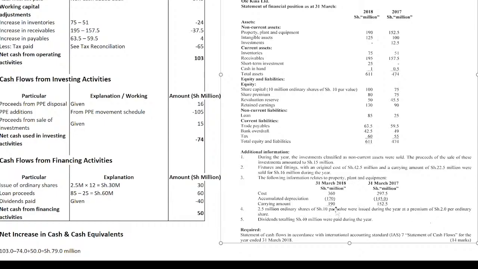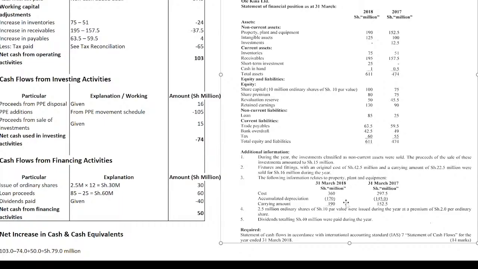So you have to add this 10 plus 2, so that you get the total amount. So we multiply by 2.5 plus 10 plus 2, so it will be 12, so that we get 30 million.